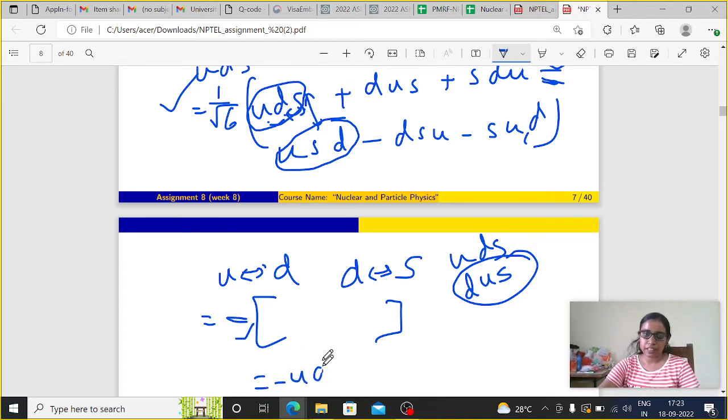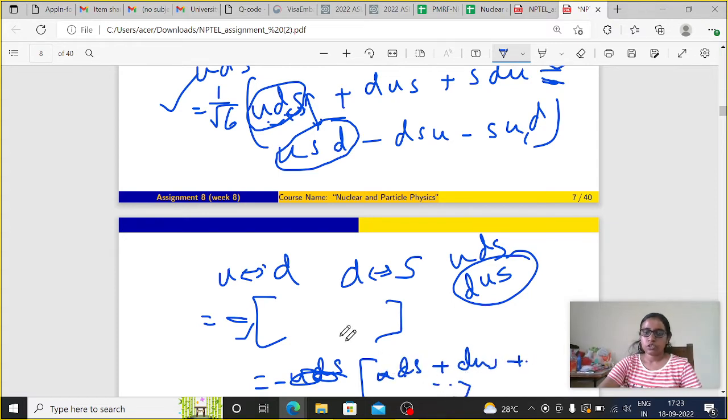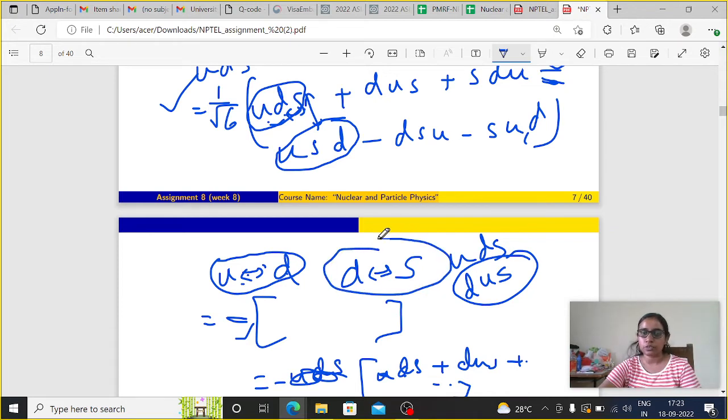So what will be the answer? The answer will be minus of, let's say, UDS plus DUS, whatever it is there. So which is known as fully antisymmetric, and it will be once at a time. Like if you are doing in any expression U replaced by D and D replaced by U, in the next expression you can do this type of things.